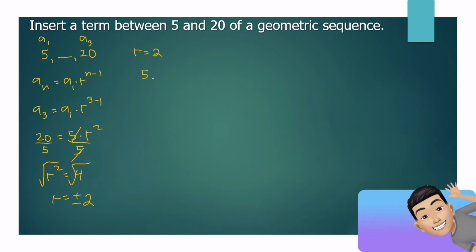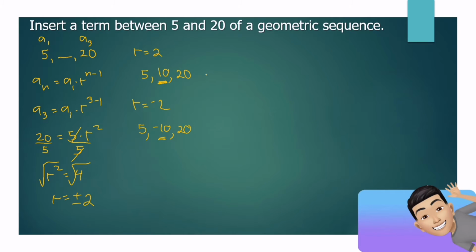What is 5 times 2? 10. And then we have 20. So, yun na yung pinapa-insert sa atin. When R is equal to negative 2, we have 5, and then negative 10, and 20.